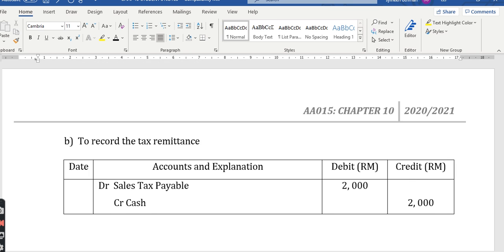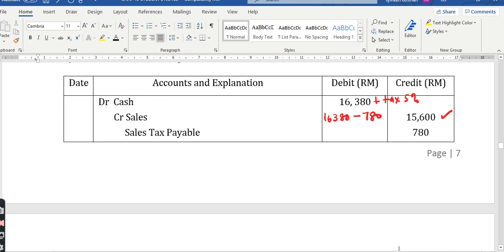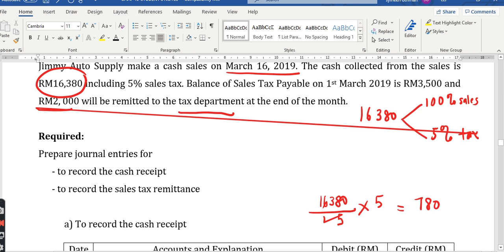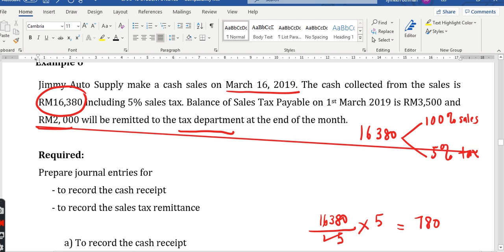And why is it 2,000? Because as you can see in the question given, it is stated there, balance of tax payable on 1st of March 2019 is 3,500. That is the balance, but we are not supposed to pay everything, because we pay the sales tax payable according to the period of sales.